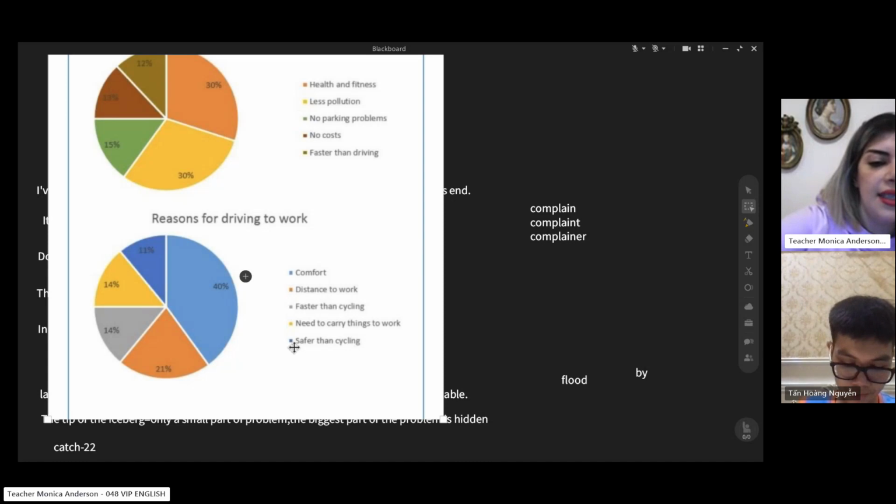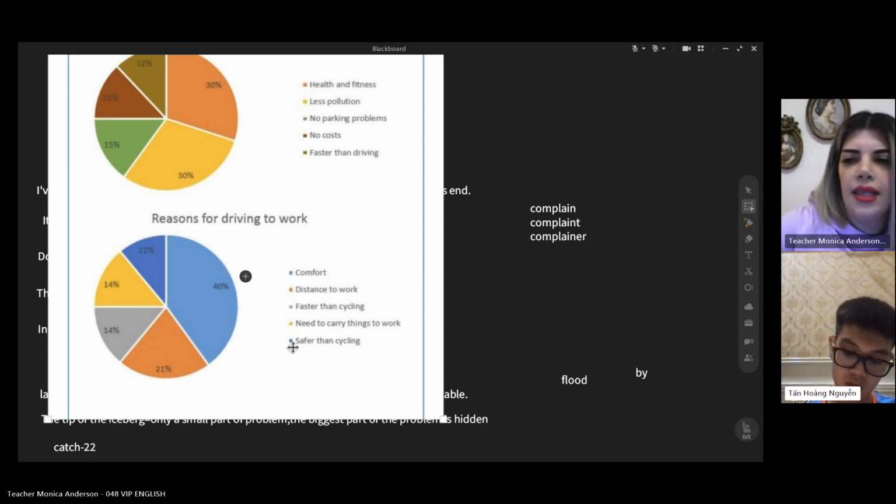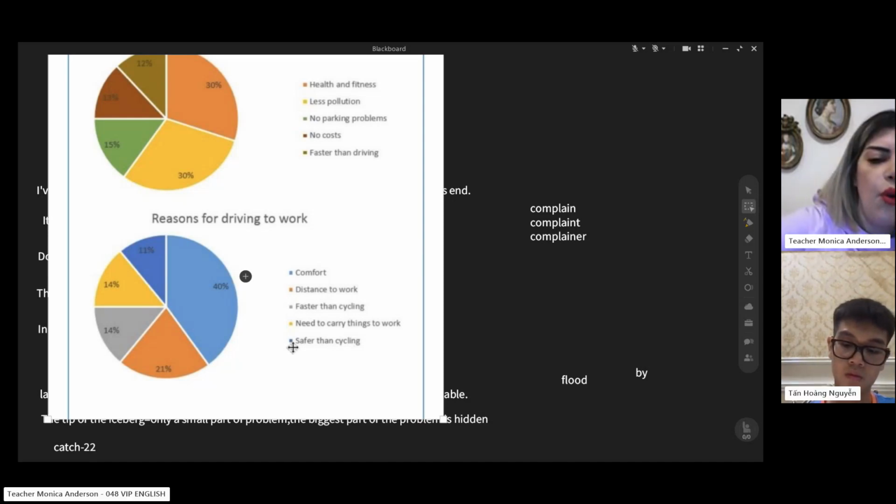But distance to work, more important concern for just over a fifth of drivers.